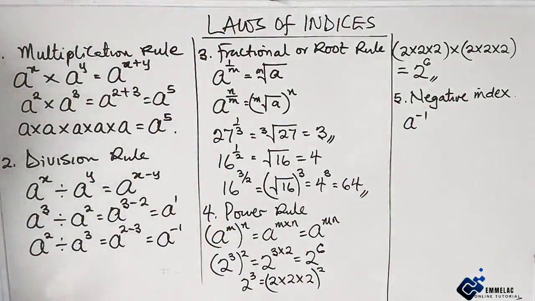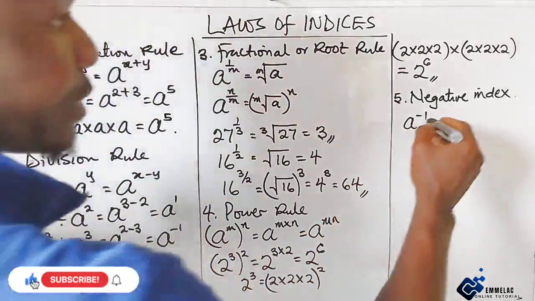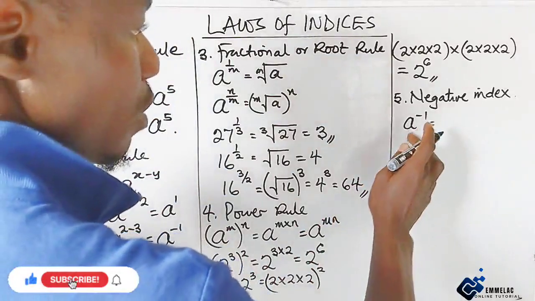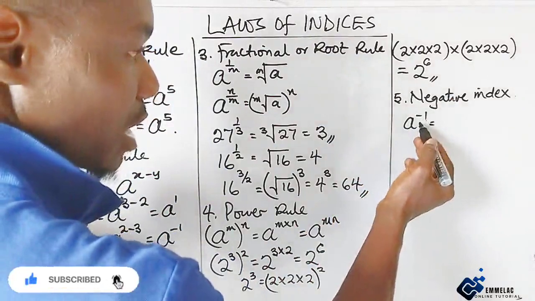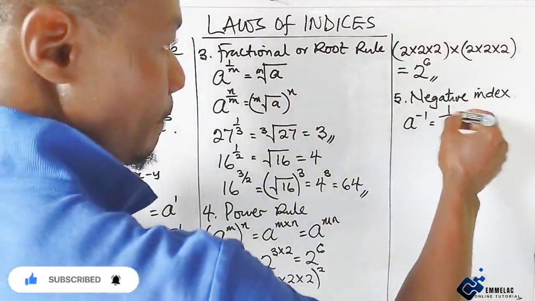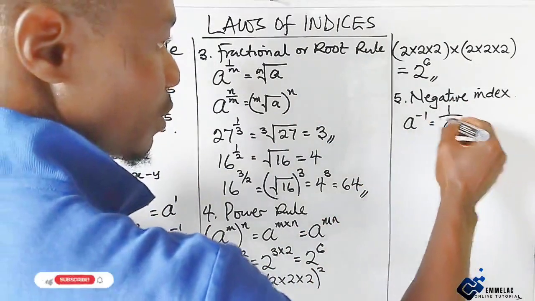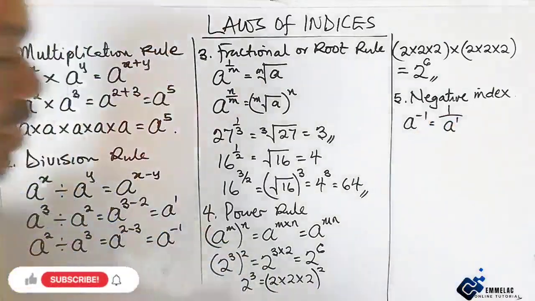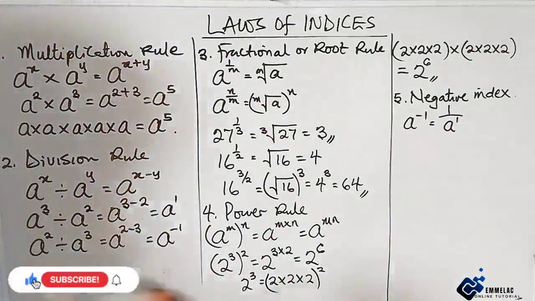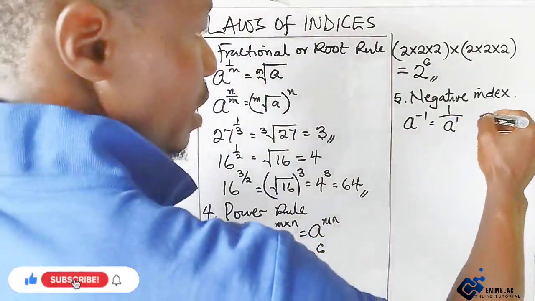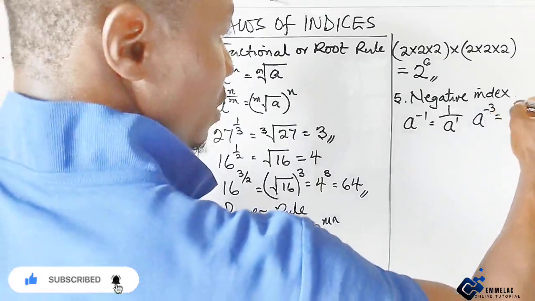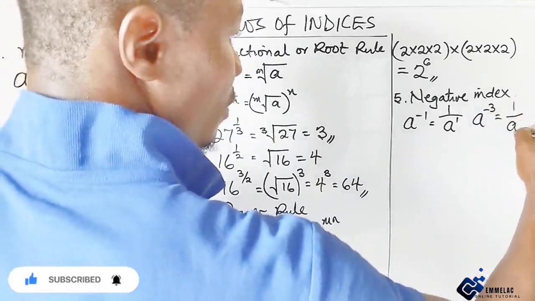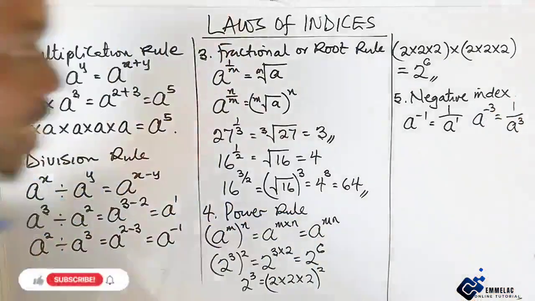A raised to the power of minus 1 tells you this is the reciprocal of a raised to the power of the positive index. You can also say that a raised to the power of minus 3 means the reciprocal of a raised to the power of the positive index.